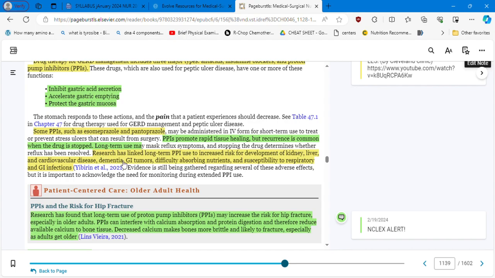Now, research has linked long-term proton pump inhibitors, your esomeprazole, your Nexium use, to increased risk for development of kidney, liver, and cardiovascular disease, dementia, GI tumors, difficulty absorbing nutrients, and susceptibility to respiratory and GI infections.